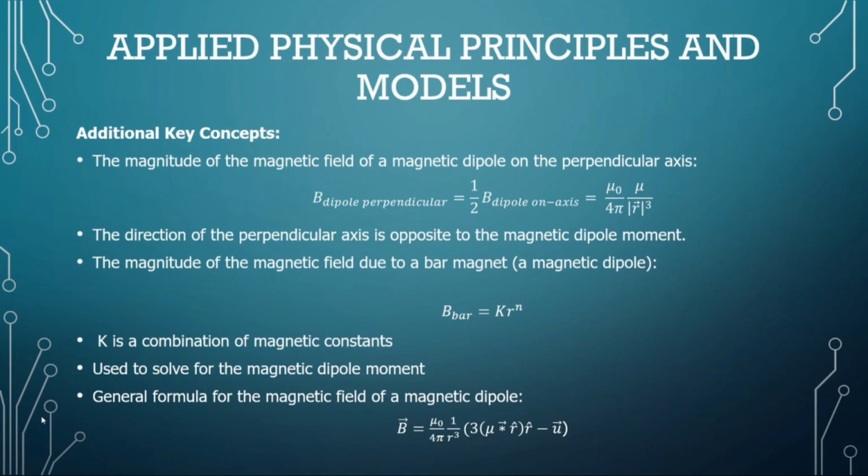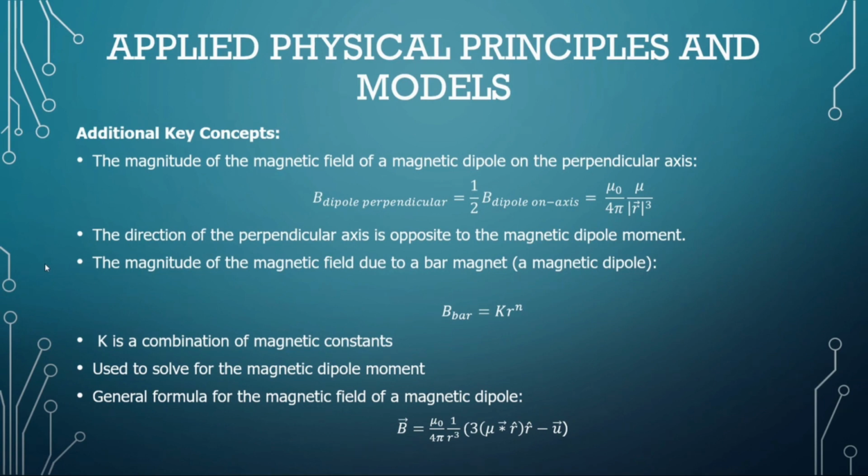Some additional key concepts are that the magnitude of the magnetic field of a magnetic dipole on the perpendicular axis is 1/2 the magnetic field of the dipole on axis, or equal to this equation here. The direction on the perpendicular axis is opposite to the magnetic dipole moment.